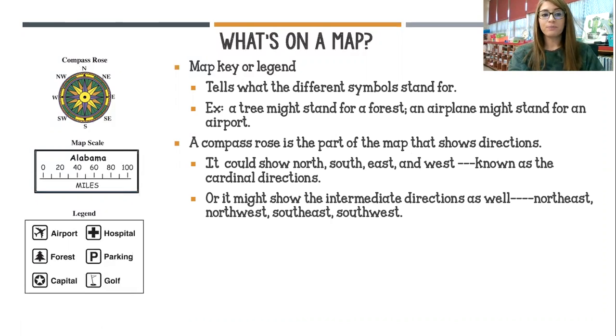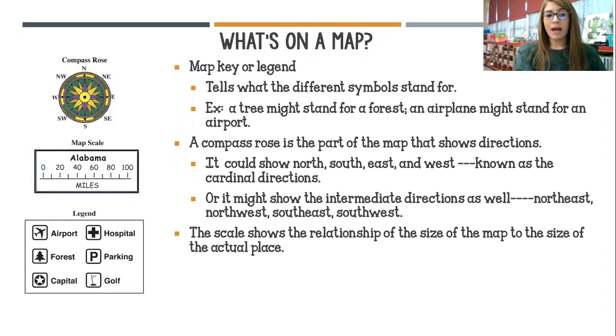In between north and east, we've got northeast. In between east and south, we've got southeast. In between south and west, we've got southwest. And in between west and north, we have northwest. So those are the intermediate or in-between directions. And north, south, east, and west are the 4 cardinal or main directions.